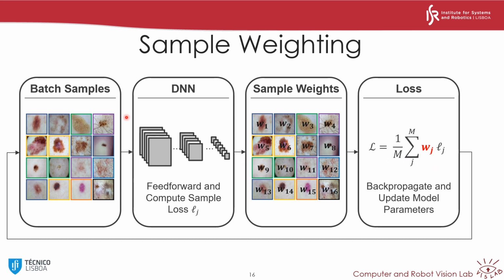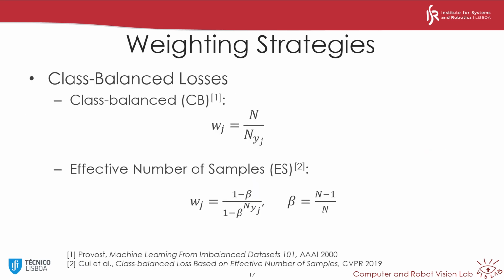So imagine that you extend the previous block diagram to include an extra model here, where we will compute an importance weight for each of these images in the batch, such that this importance weight will be multiplied by the loss function when you compute the average loss that you then propagate to update the model parameters.